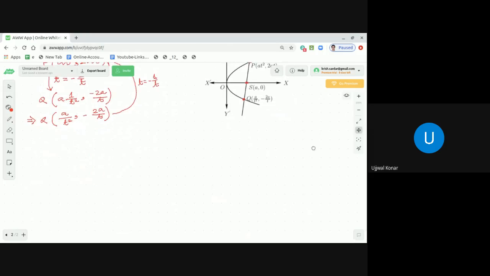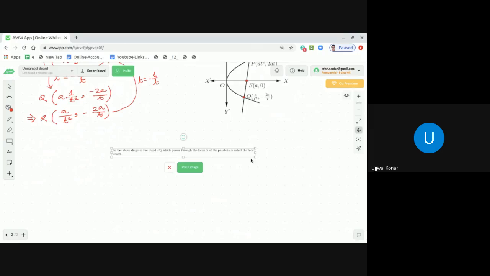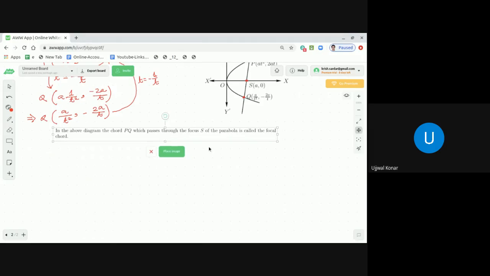Let me write down whatever we just discussed, taking it from the study material, so that you can follow it when you watch these video lectures later. In this diagram, the chord PQ which passes through the focus S of the parabola is called the focal chord. That is the first point.